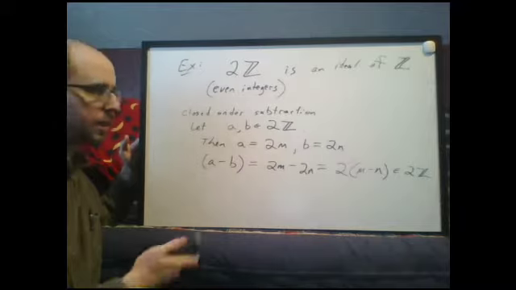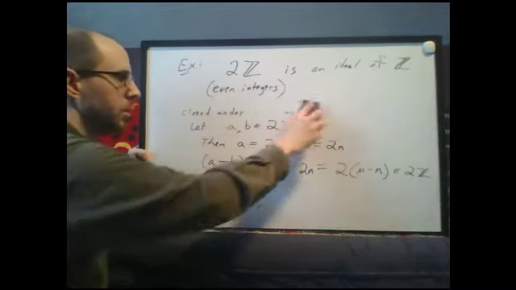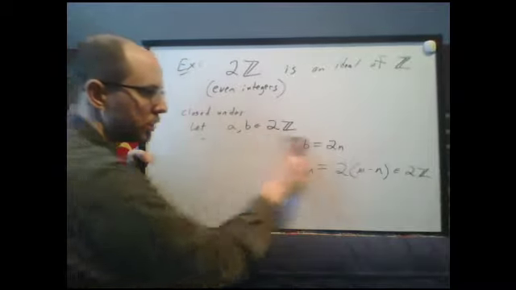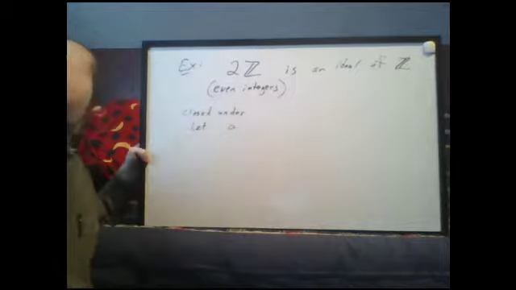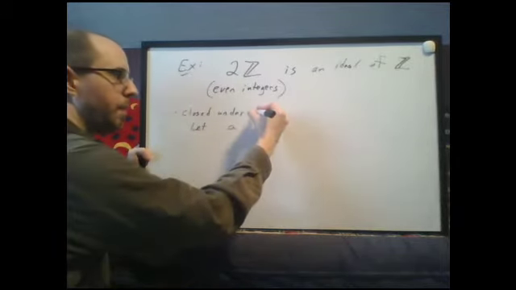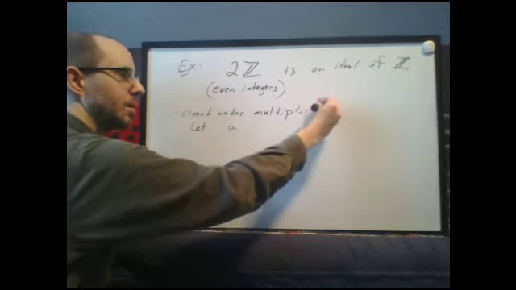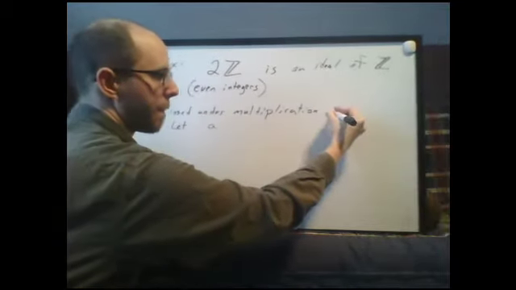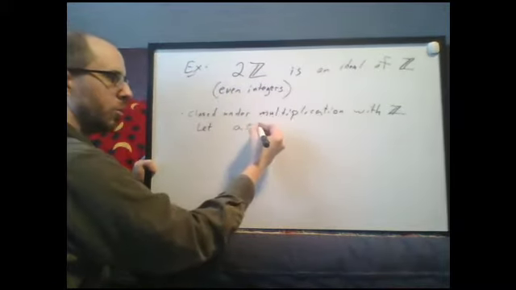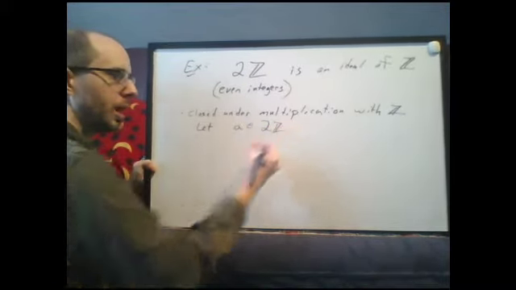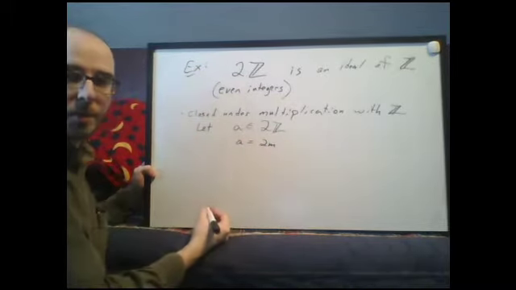Now the second part of the test is closed under multiplication, in a sense. We have to be more specific: closed under multiplication with Z. So we take one element of 2Z, a, so we can say a equals 2m for some m.